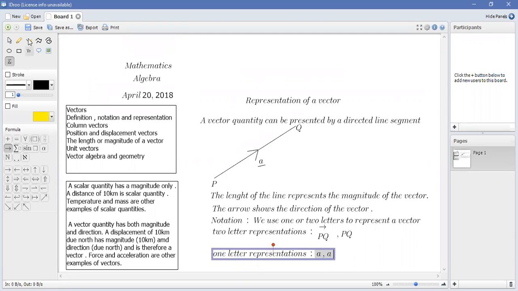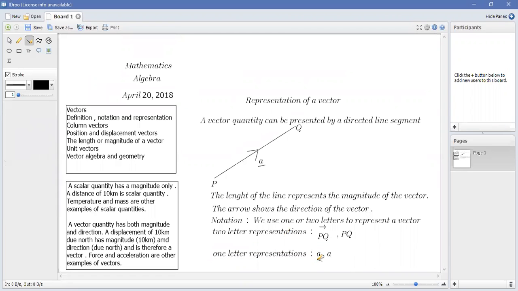So write it with the dash or without the dash. All right? So this is how we represent the vectors.